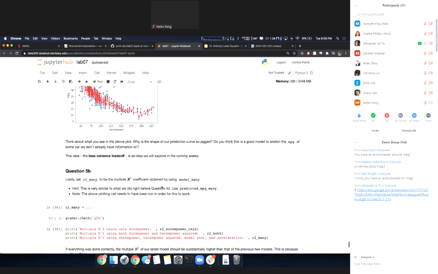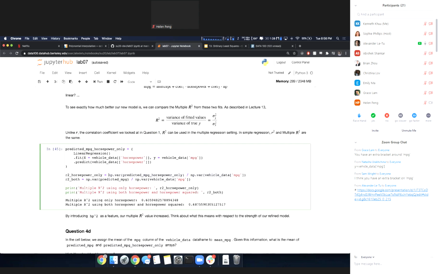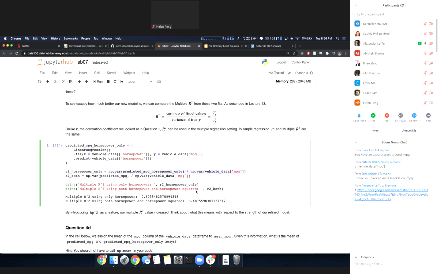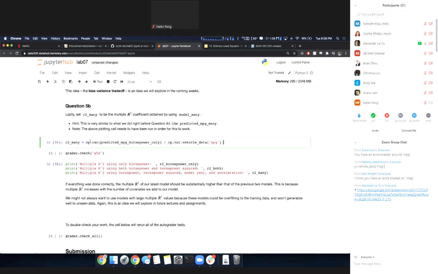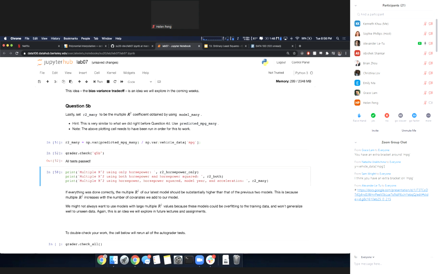Where did I go? Yeah, so it's this np.var. So we can copy this down here below, and then we can fix our inputs. So now we're going to do predicted miles per gallon many, and then we want to divide it by the variance of our output data. So let's go ahead and check that.